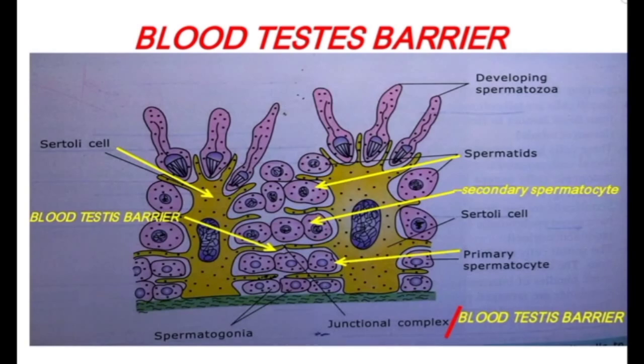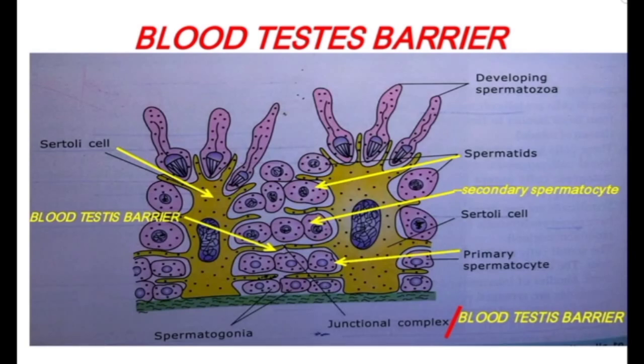Type B spermatogonia have a round nucleus and show darkly staining clumps of chromatin. The nucleolus is situated in the center of the nucleus. Each type B spermatogonium divides mitotically a few times to give rise to a number of daughter cells.